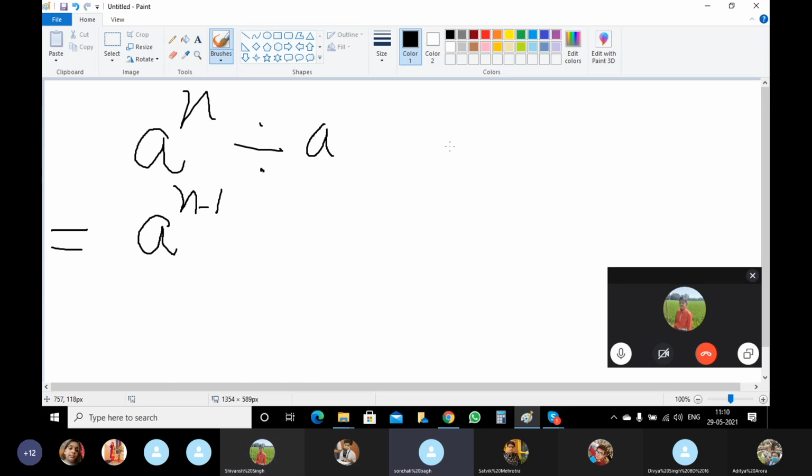Let's see an example. If 2 to the power 5 is given, let's take a positive. n can be any integer, positive or negative, yes or no? Yes, ma'am. I am writing 2 to the power 5 divided by 2. Then what should be the change in the power?